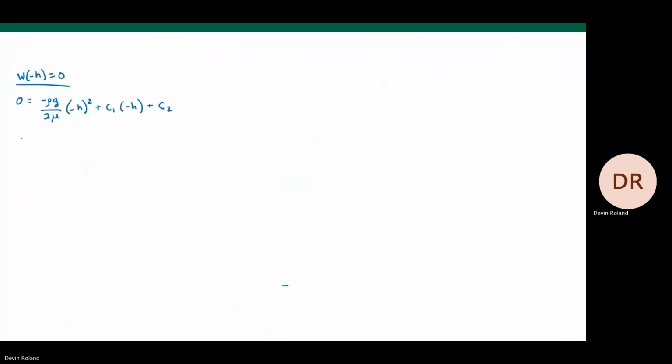And then we apply the second condition. We get 0 is equal to negative rho g over 2 mu times positive h squared plus c1 times positive h plus c2.